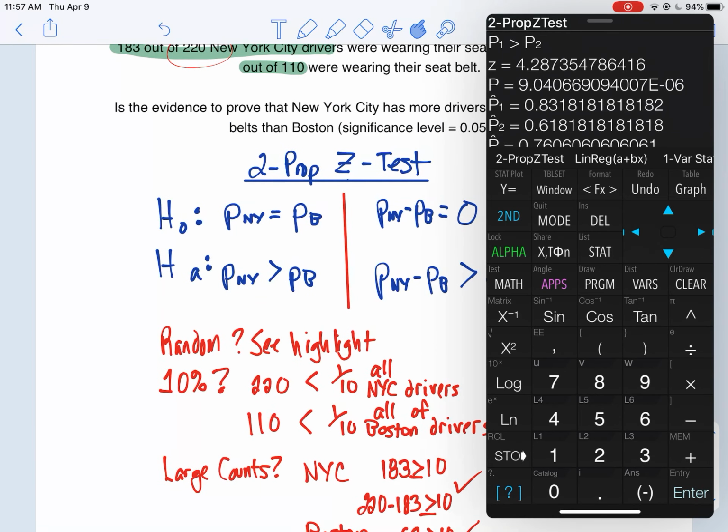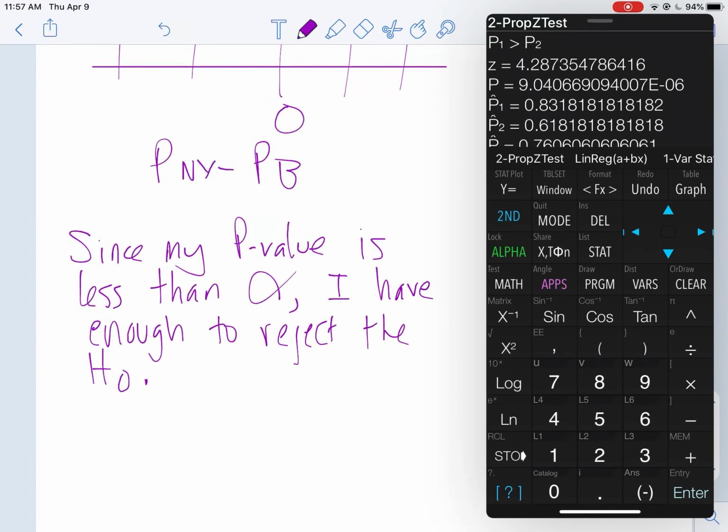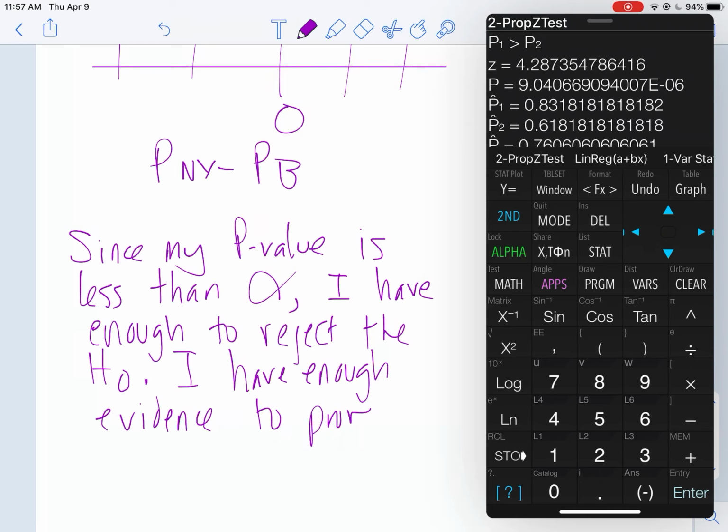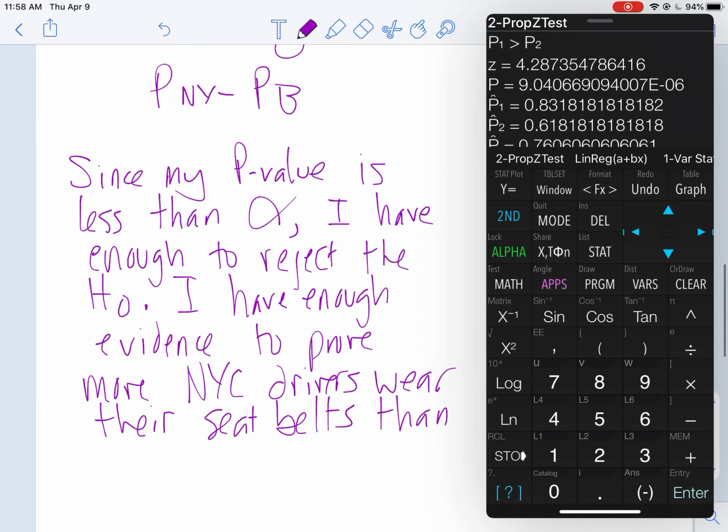My alternate hypothesis here was that more New York drivers wore their seatbelt than Boston. So I have enough evidence to prove this. I have enough evidence to prove more NYC drivers wear their seatbelts than Boston drivers.